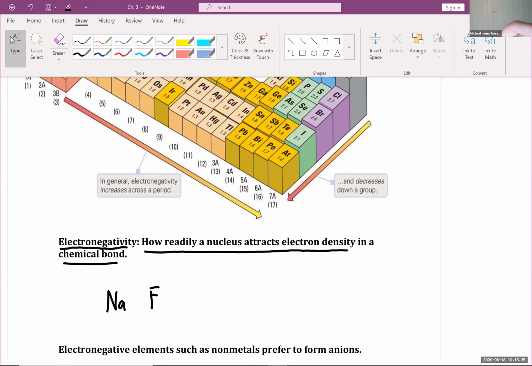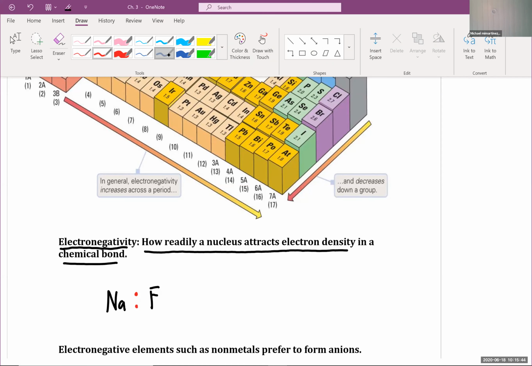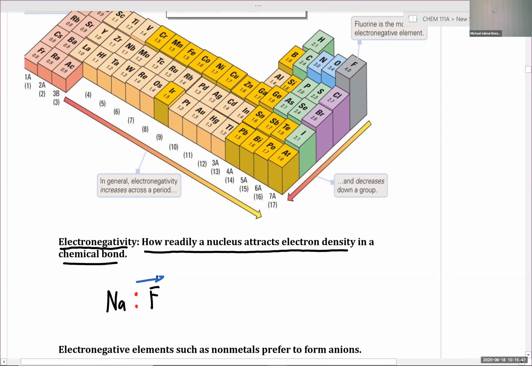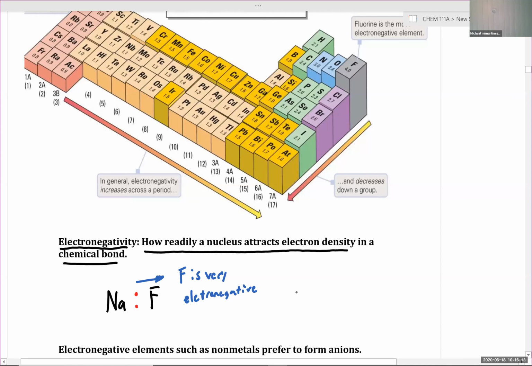So if we think about what would happen if we have some electrons and we try to share electrons between sodium and fluorine, fluorine would pull on these electrons in a very strong manner. It really wants to draw electron density towards itself, and it really wants to gain electron density because fluorine is more electronegative, and fluorine is very electronegative. What results is, depending on the difference in electronegativity between your atoms, you may either see an ionic or covalent compound.